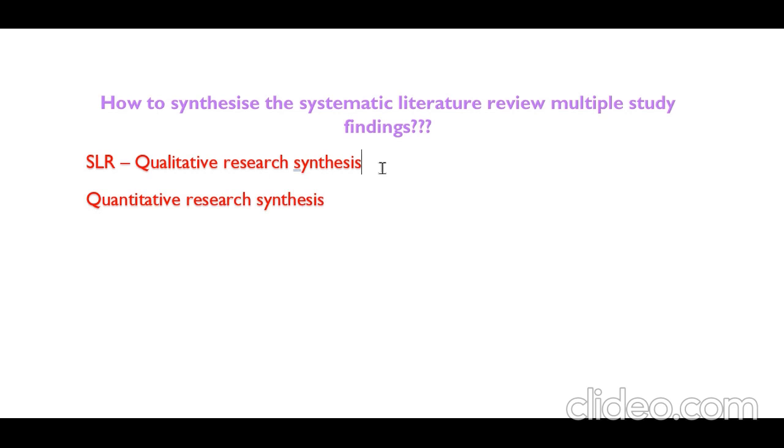In qualitative research synthesis, you can understand from the word itself, you are summarizing the text-oriented findings, maybe phrases or paragraphs or sentences or anything like that in text format. How can you summarize that?